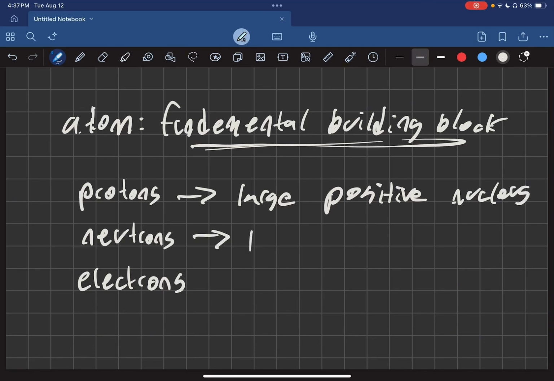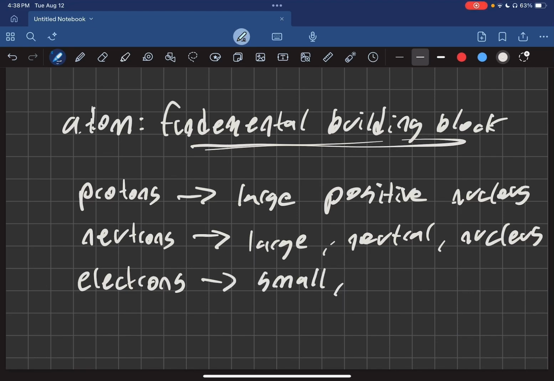The neutrons are large, neutral, so they have no charge, and they're also in the nucleus. Finally, you have the electrons. They're small, they're negatively charged, and they are going to be in the outskirts.